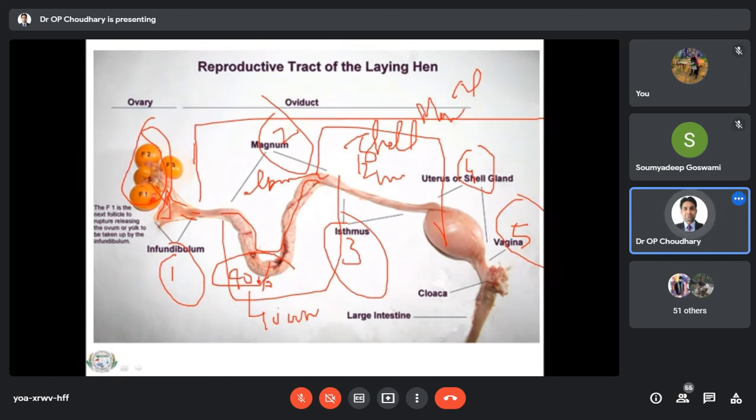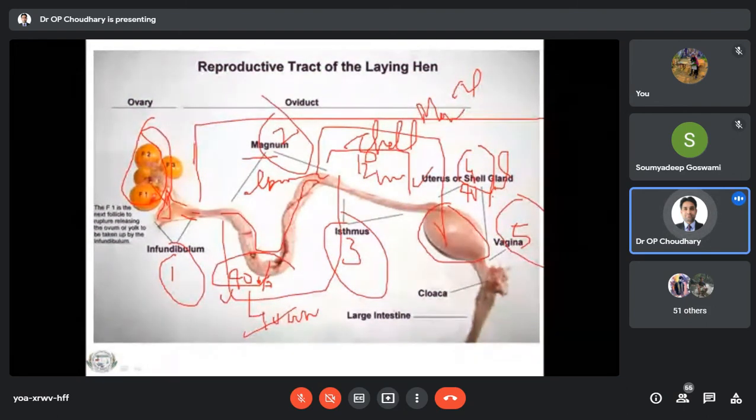Then number 4 is the uterus. You can see here, this is the uterus, and it is also called the shell gland. It is wide and about 12 centimeter long, and the function of this uterus is to secrete the remaining amount of the albumin. The magnum secretes 40% of the albumin, the uterus secretes 40%, and the remaining part is produced by the isthmus.